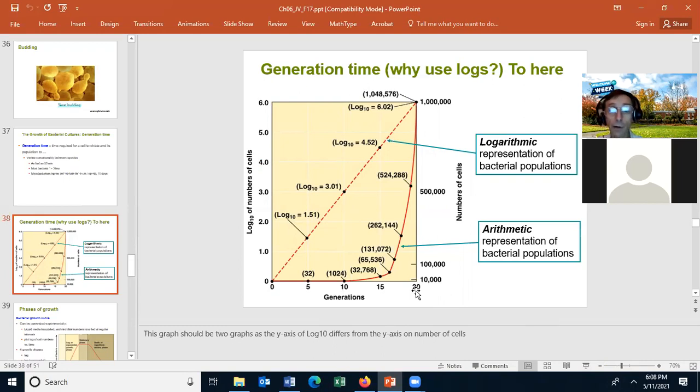If we were to use the number of cells and not use a log plot, we'd get a graph looking like this, where one cell splits into 2, 2 cells split into 4, 4 cells split into 8, 8 cells split into 16, 16 cells split into 32, and the point of all that is you're getting a whole bunch of points all in this side of the graph.